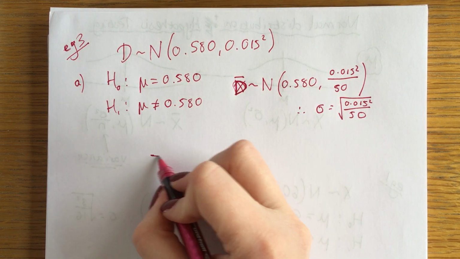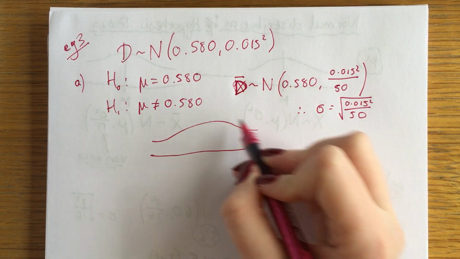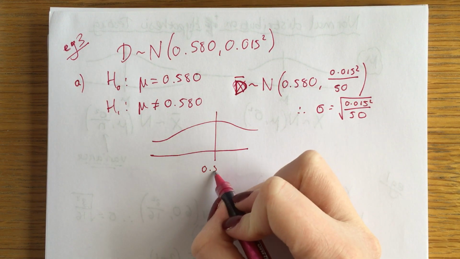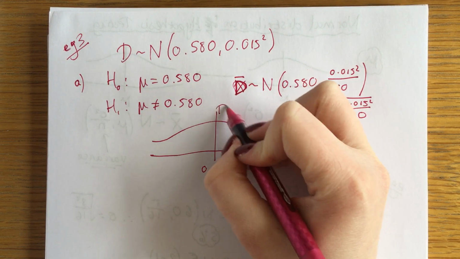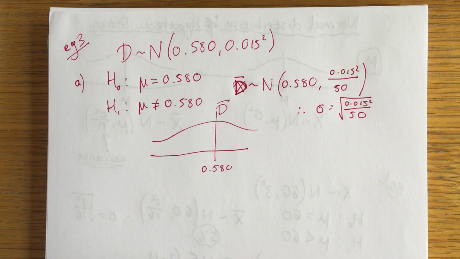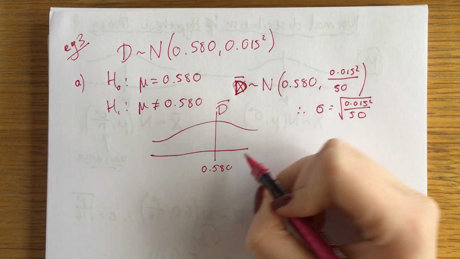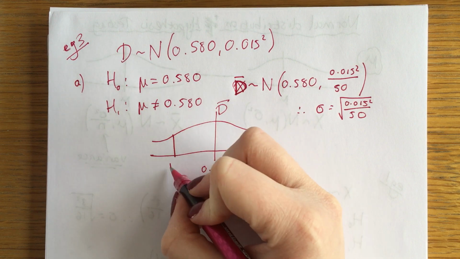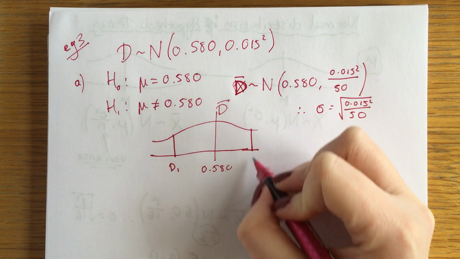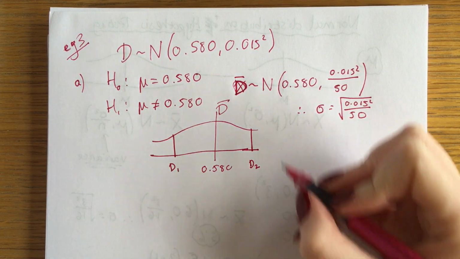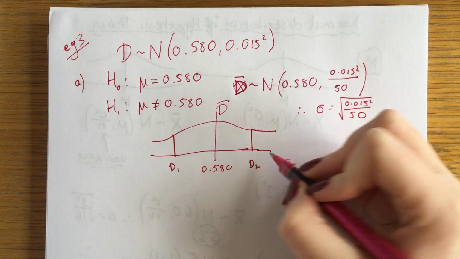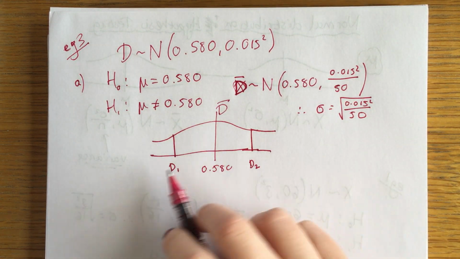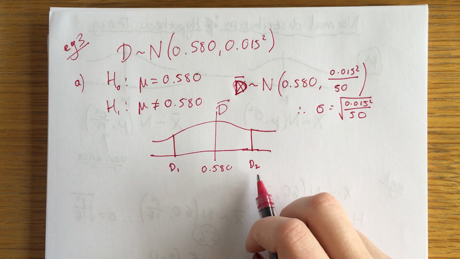So I want to find the critical region. So I know that if I'm modelling D bar, so the means of all my samples, the mean should be 0.580. And I want to find the critical region, so the cut-off points at either end, that would have a less than 1% chance of occurring.